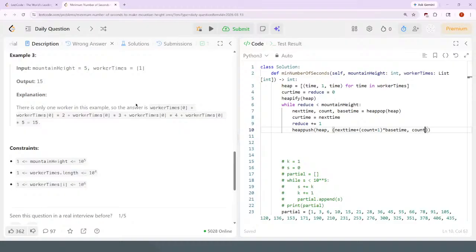Count increases, so count plus 1, base time is the same.